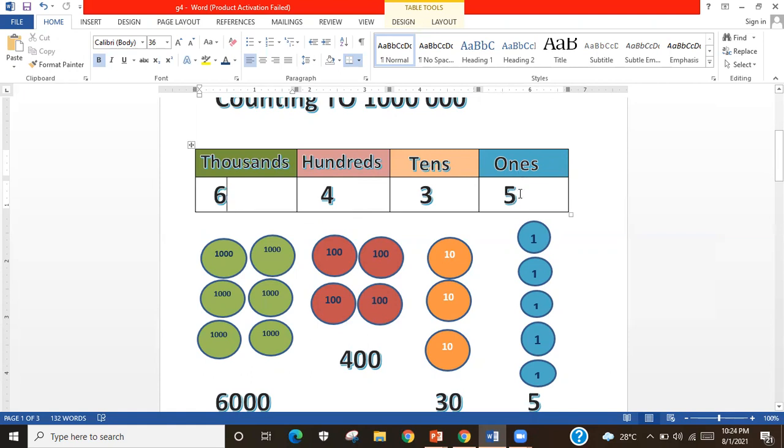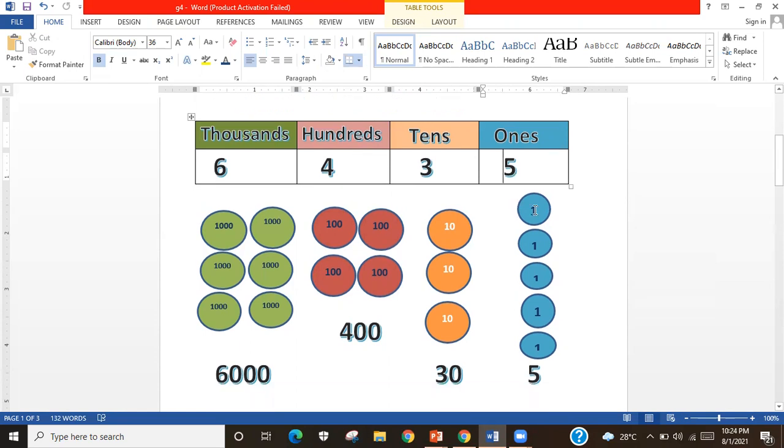You can see the first digit, 5. You have the same color of circles in blue, which means you have five ones. You will say that is 5 times ones.